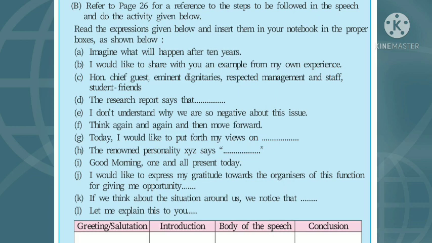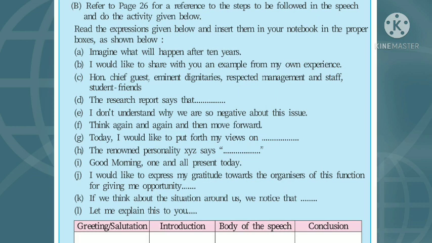Okay. So, the first sentence is, in greeting or salutation, which sentence can we write here in the first column? I think: honorable chief guest, eminent dignitaries, respectful management and staff and student friends.